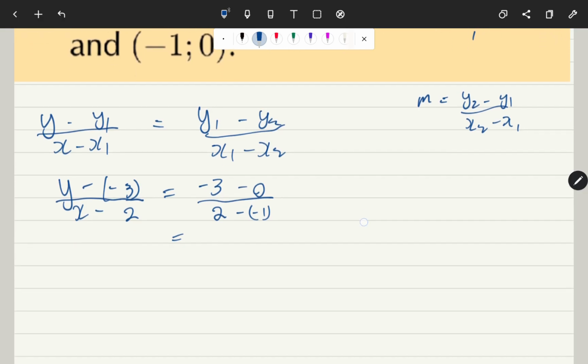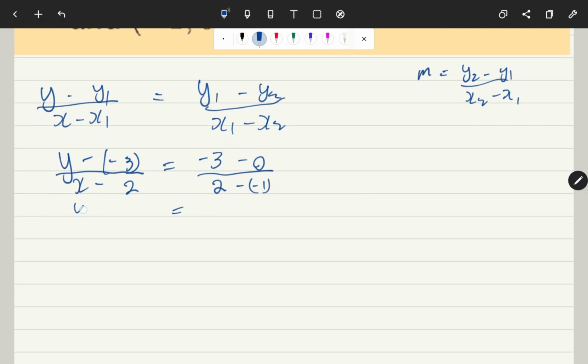I do my math and get 1 plus 3 over 2 plus 1, which is 4 over 3 in the denominator, and that's minus 3 over 3, which is minus 1.